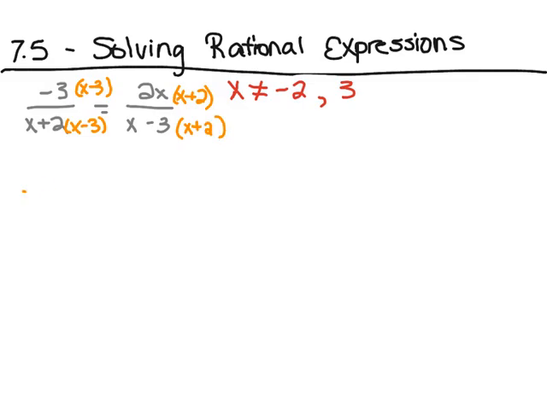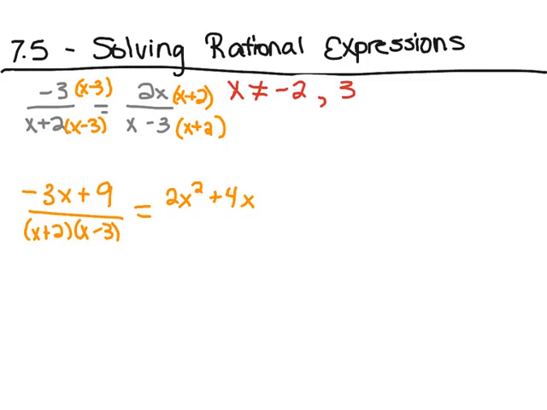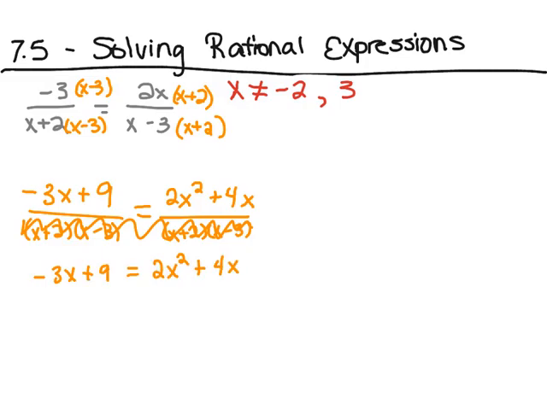So on the top, we will have negative 3x plus 9 over (x plus 2)(x minus 3) equals 2x squared plus 4x all over (x plus 2)(x minus 3). And we know that these are going to cancel, so we should be left with negative 3x plus 9 equals 2x squared plus 4x.